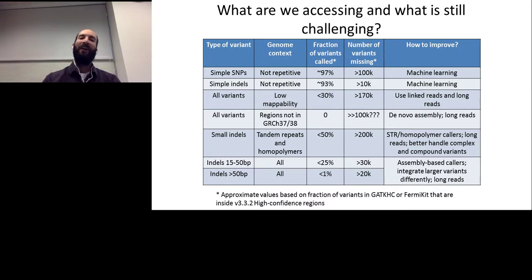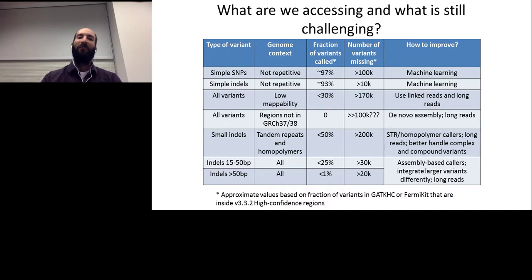So we might have about 100,000 or so variants that we're still missing in this region, and then there are also simple indels in non-repetitive regions and we're maybe missing about 7% of those.